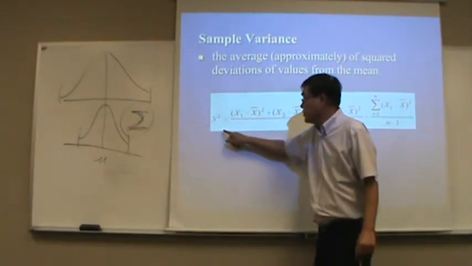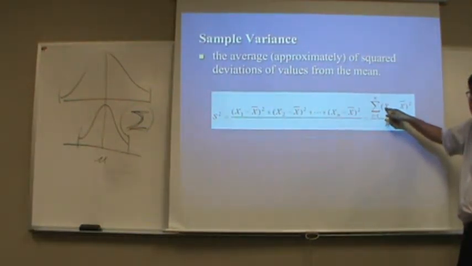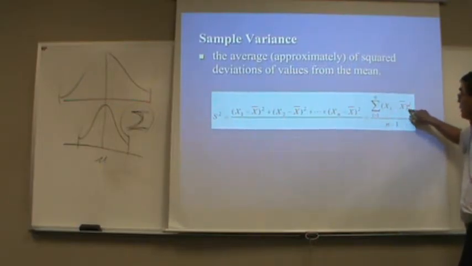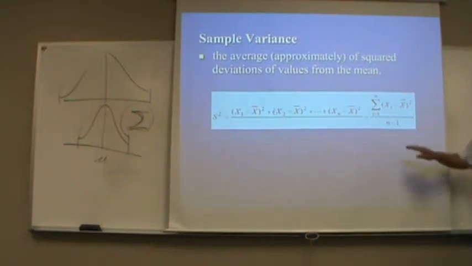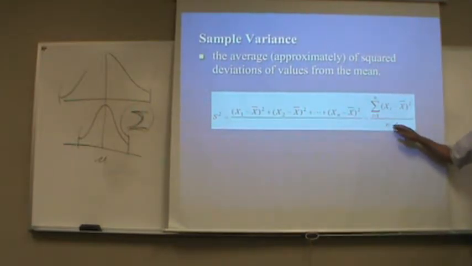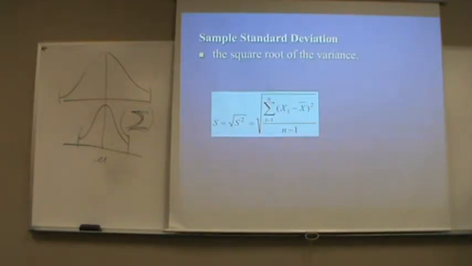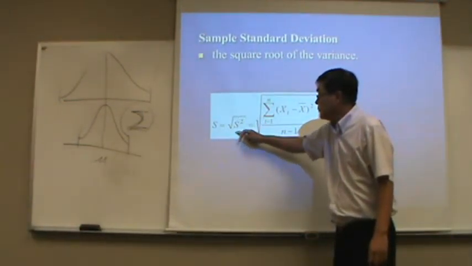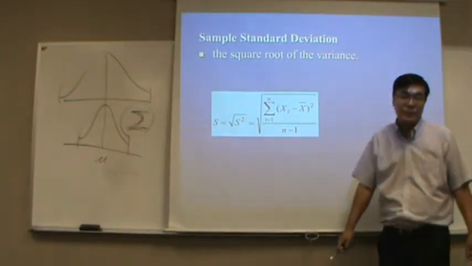Sample variance equals the sum of each individual member minus the sample mean, squared, divided by n minus 1. We call this the degree of freedom. We will talk about degree of freedom later. And sample standard deviation, S, is the square root of the sample variance.